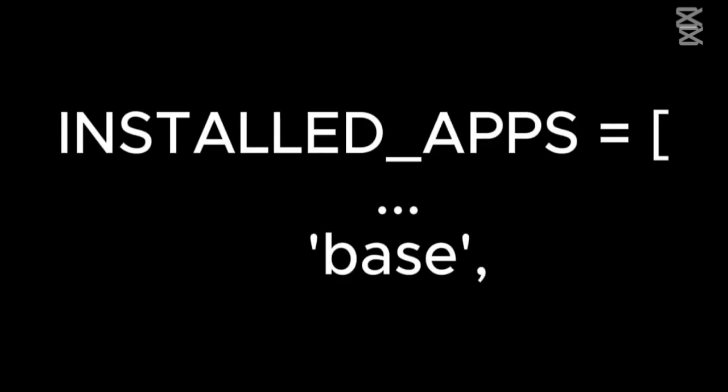Create a Django application. Inside the project directory, create an app named Base to manage the core functionality, and type the following command. Register the app. Add the newly created Base app to the INSTALLED_APPS list in the To-Do app settings.py.